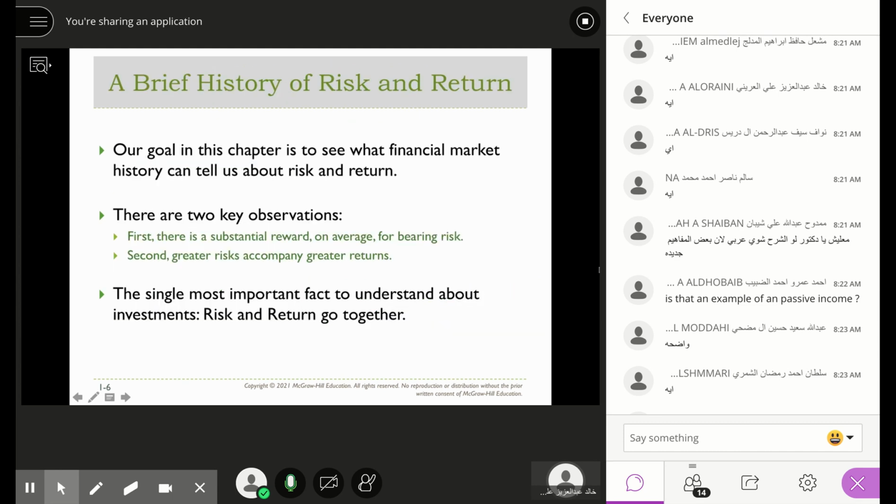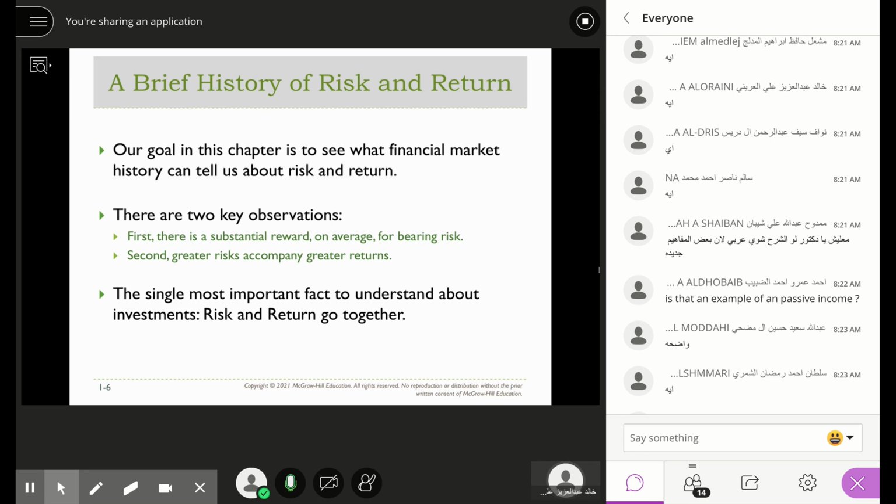So, as I said, finance can be defined as the relationship between risk and return. If there is a greater risk, there should be a greater potential return, and vice versa.